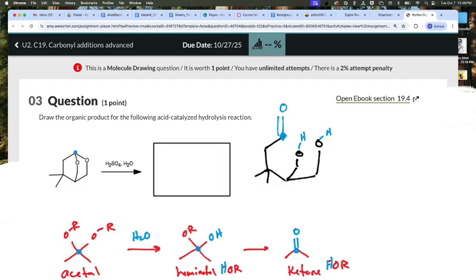Right? The other thing I can do is if I drew it all out, and this is going to happen increasingly with everybody's homework, it'll be very easy to add or lose a carbon. Particularly when it comes to SmartWork, enter your answer. If it kicks back and says you're wrong, your very next thing should be to count the carbons that you were given to start with and count the carbons that you drew in your answer.